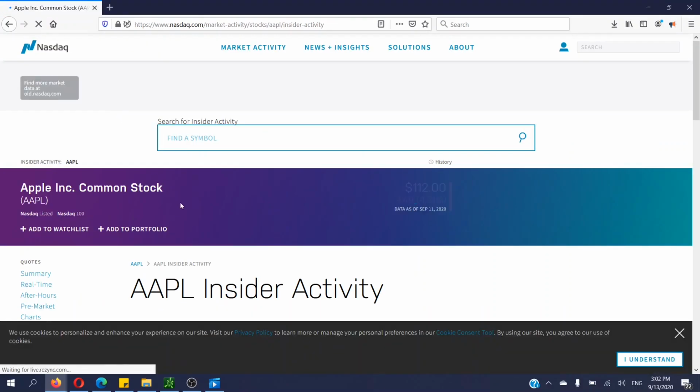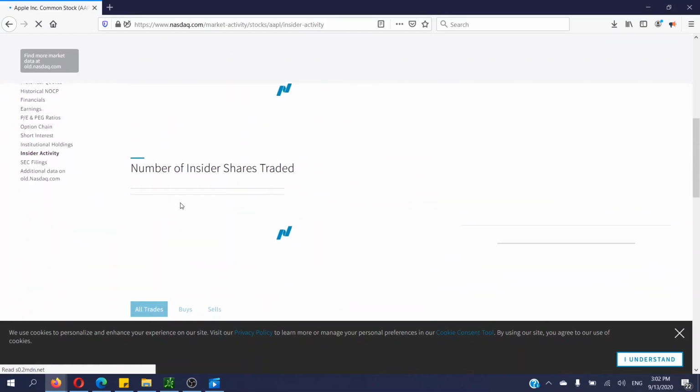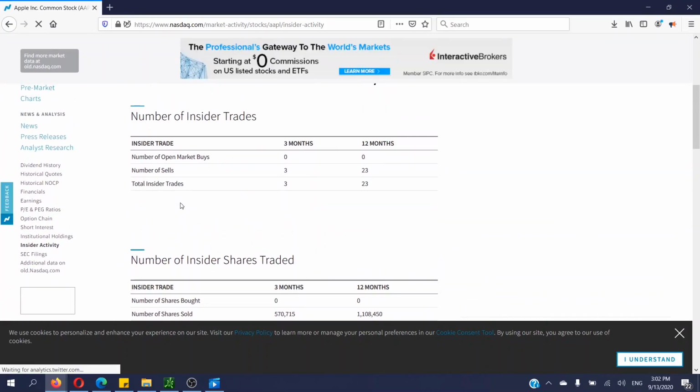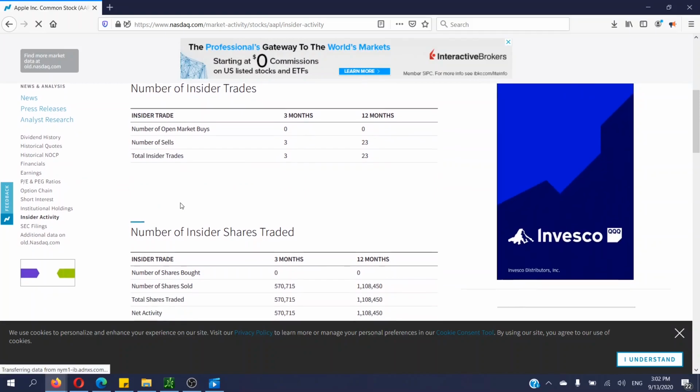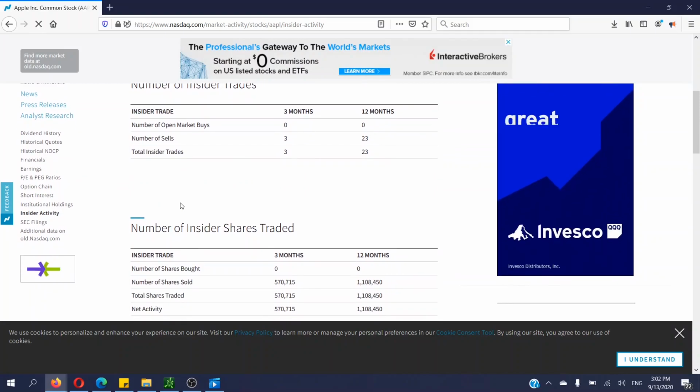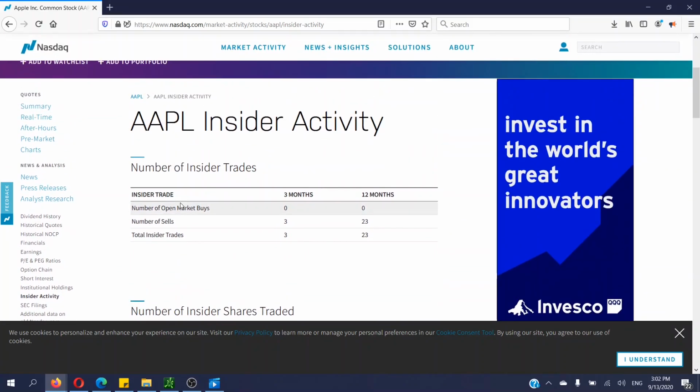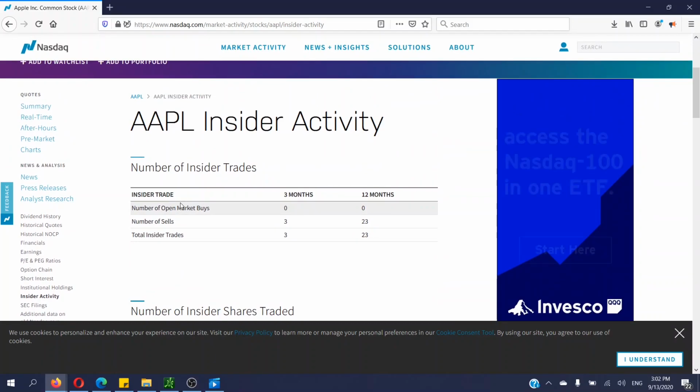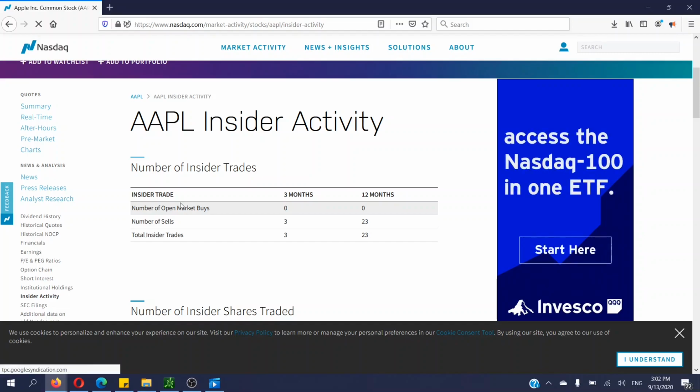Insider activity. Basically, with regard to insider trading, selling is pretty common. Okay? People sell for whatever reason they have.